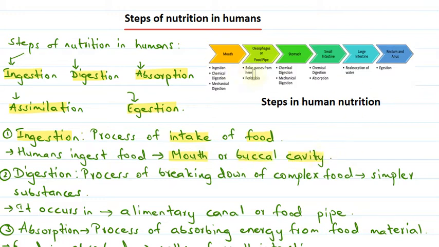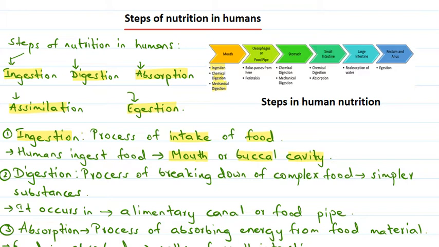Let's see this flow chart. The first one given here is the mouth. With the help of the mouth, we take in food. So ingestion takes place with the help of the mouth, and in the mouth, mechanical and chemical digestion begin.